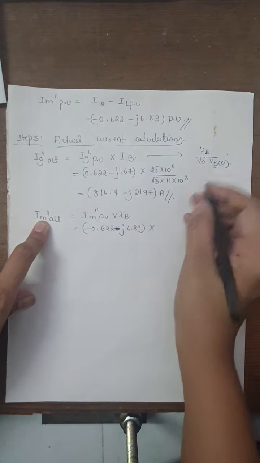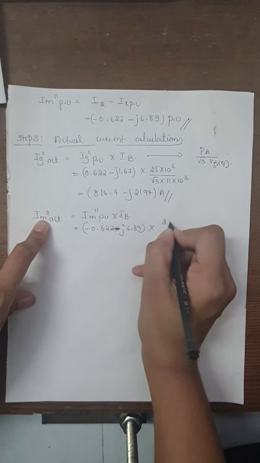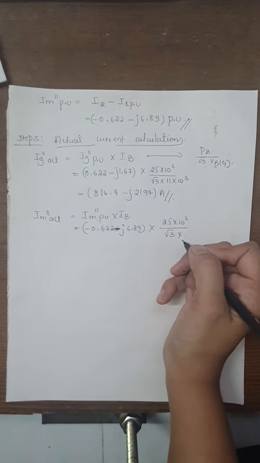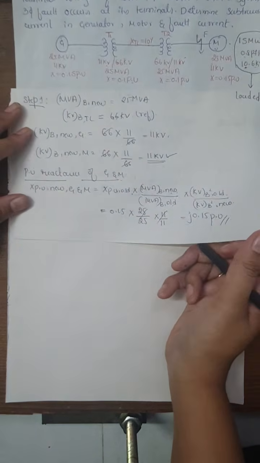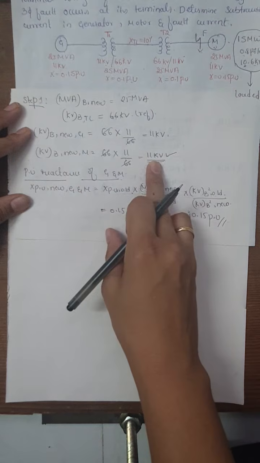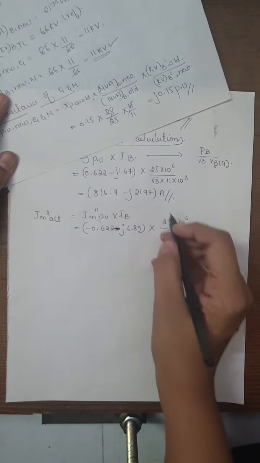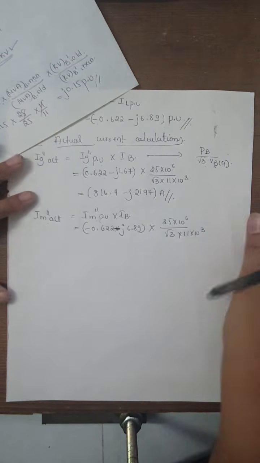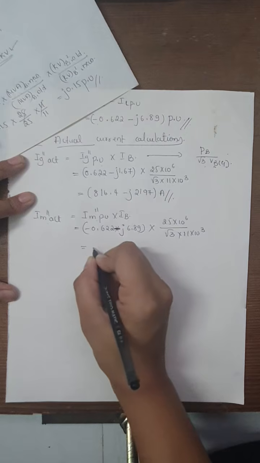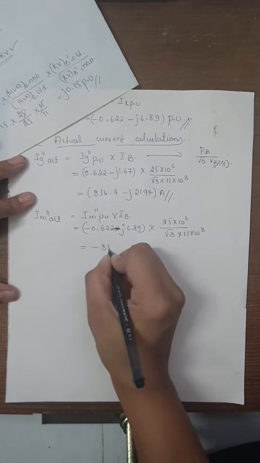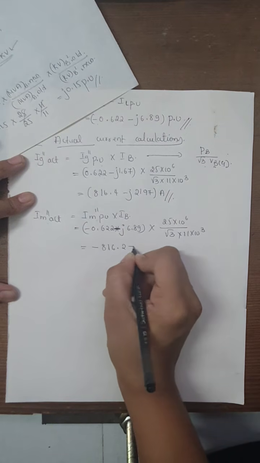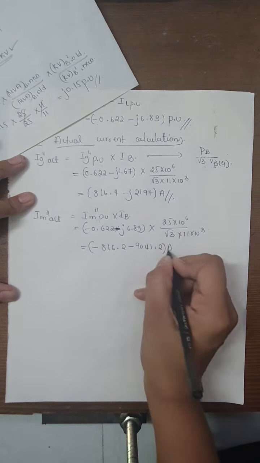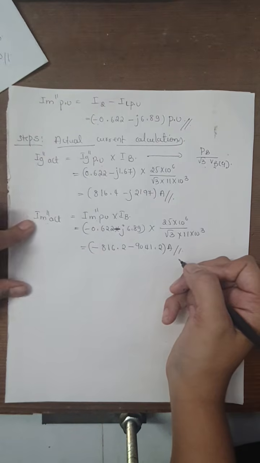So V base will be the motor value only. Now P base is 25 into 10 power 6 divided by root 3 into V base of the motor. Now observe step 1. V base of the motor is again 11 kilovolt only. So the same answer you can consider here also, 10 power 3. I'll write the final answer after the simplification as minus 8.816.2 minus j9041.2 amperes. So this is for the motor calculation.